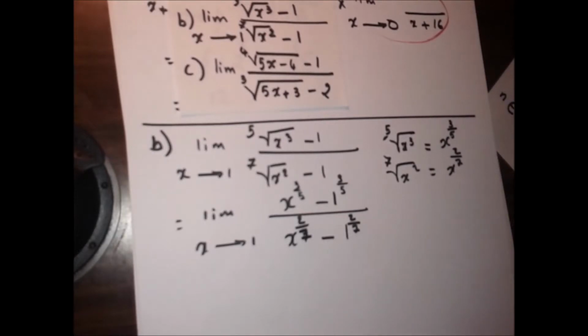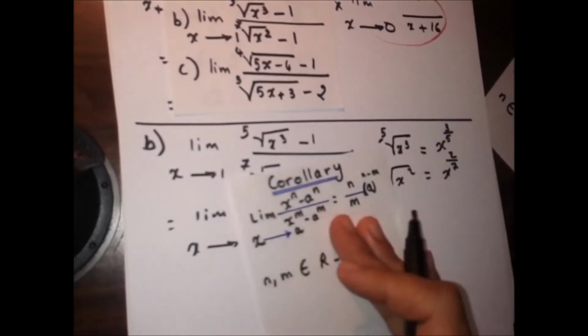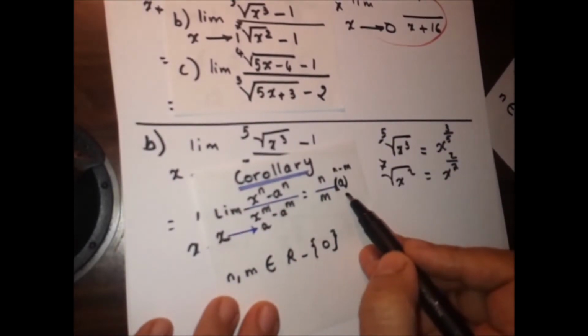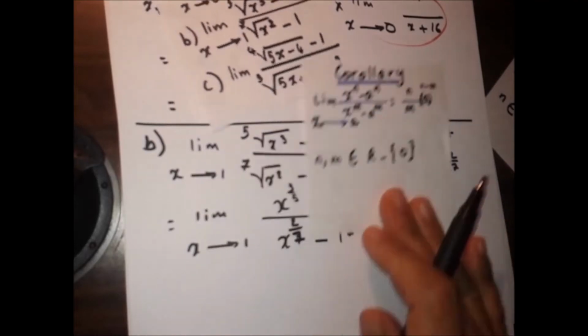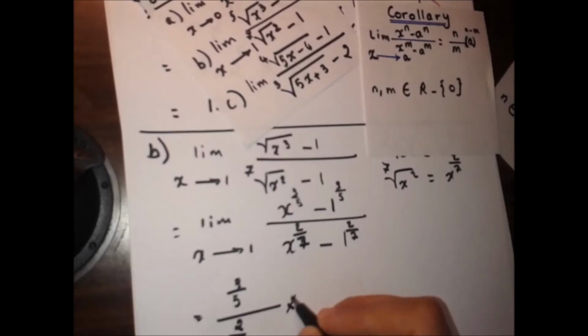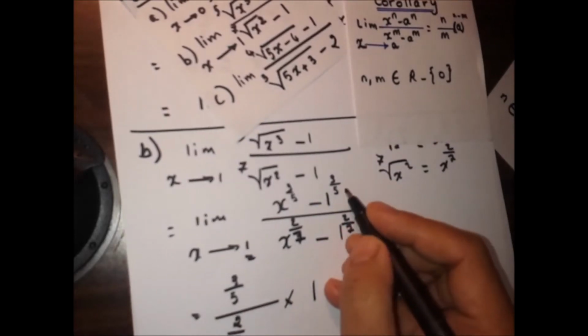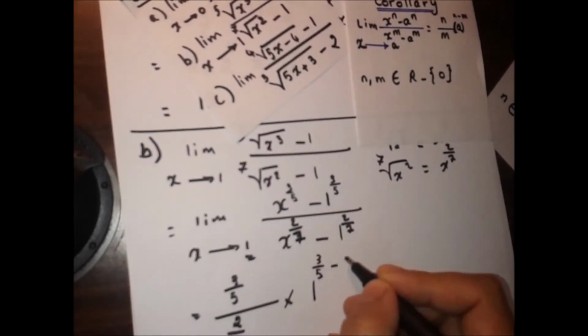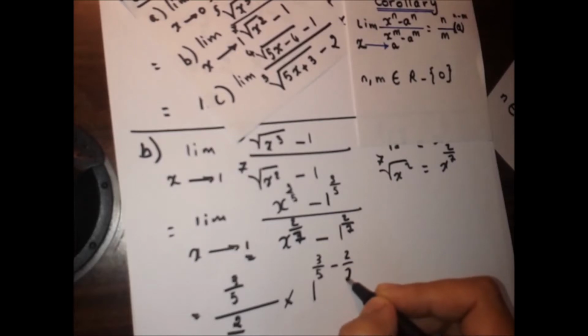Now we can just solve this by the corollary. So this is equal to n over m times a to the power n minus m. So this is equal to the power of the numerator, 3 over 5, over the power of the denominator, which is 2 over 7, times a, which is 1, to the power 3 over 5 minus m, which is 2 over 7.